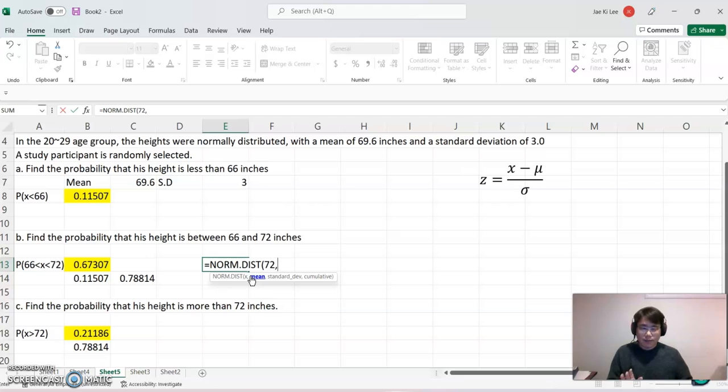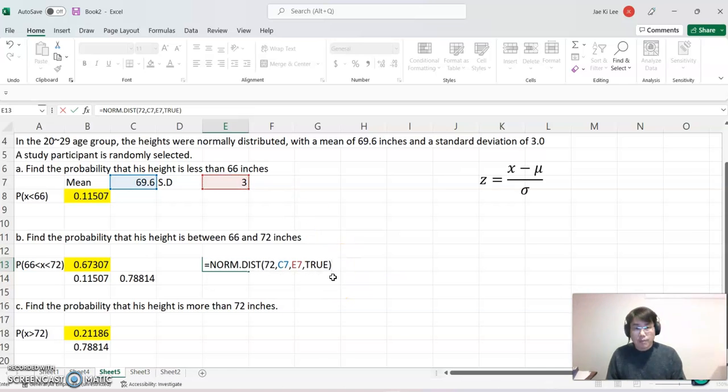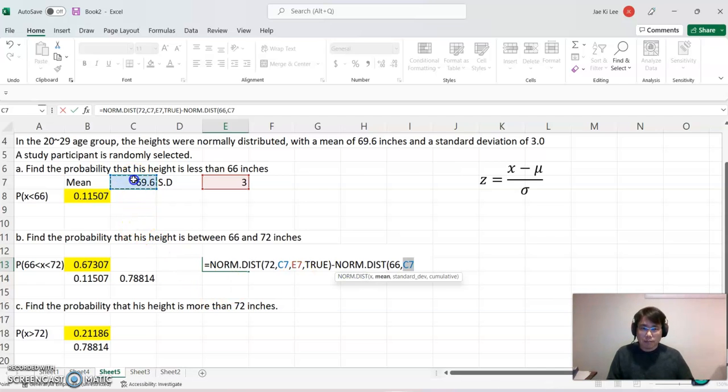I find the left side area first, then the mean, comma, the standard deviation, comma, and true, minus the smaller case, norm distribution, and then 66, comma, the mean, comma, the standard deviation, comma, also cumulative true, and close and enter.